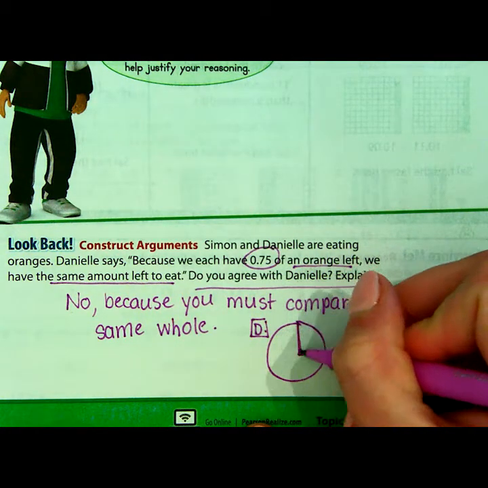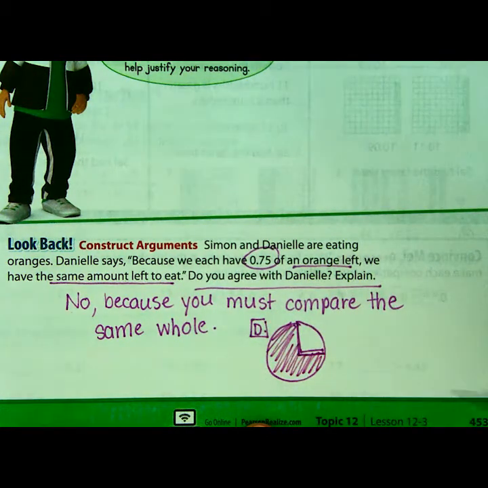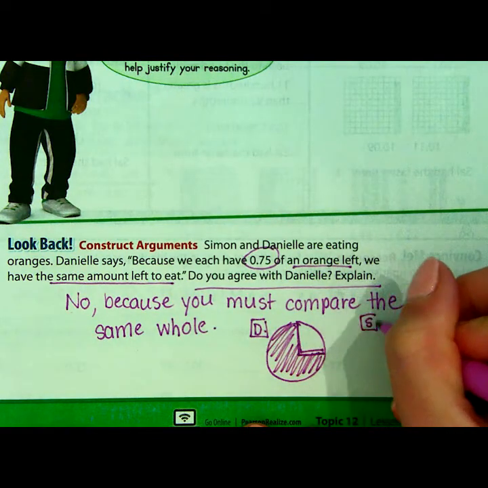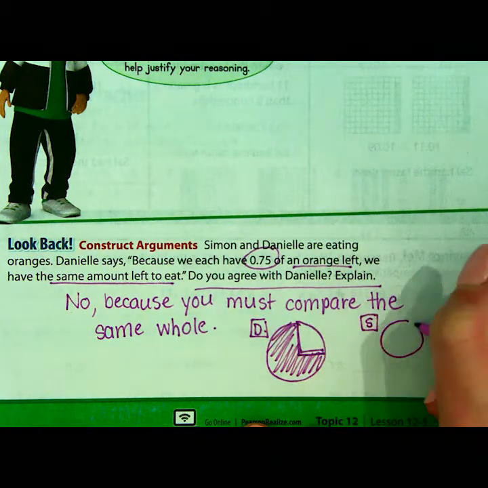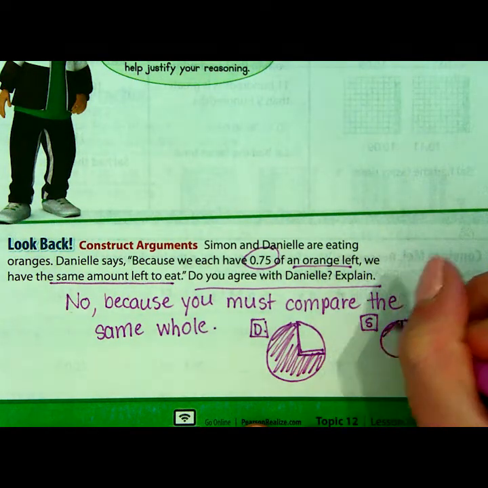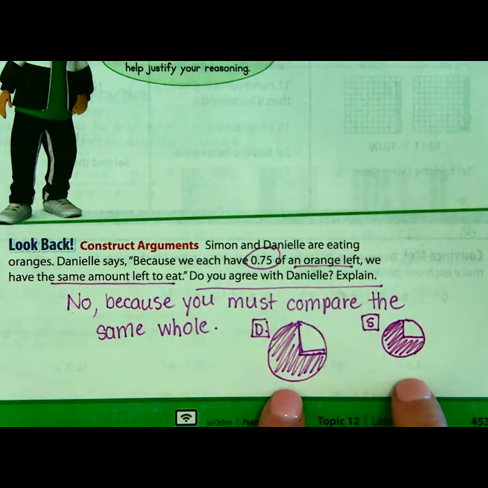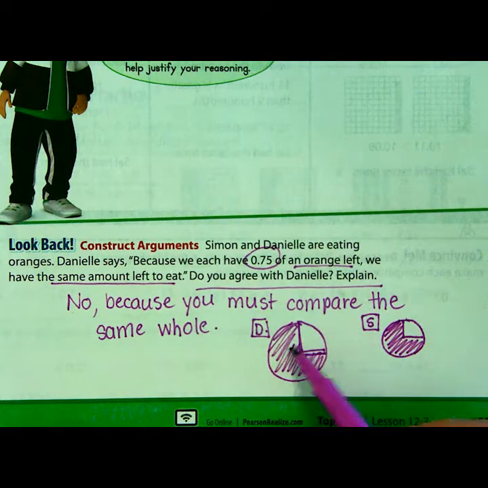So she has this much left. And then let's say that this is Simon's orange. He's just got one of those little cuties. And he has 75 hundredths. Well, clearly you can see that when you're not comparing the same whole figures, then the amount that they have left to eat could possibly be different.